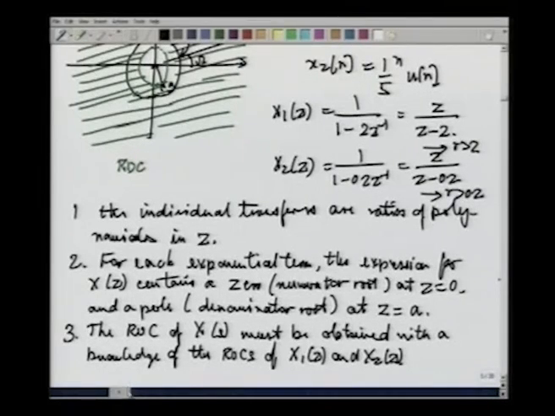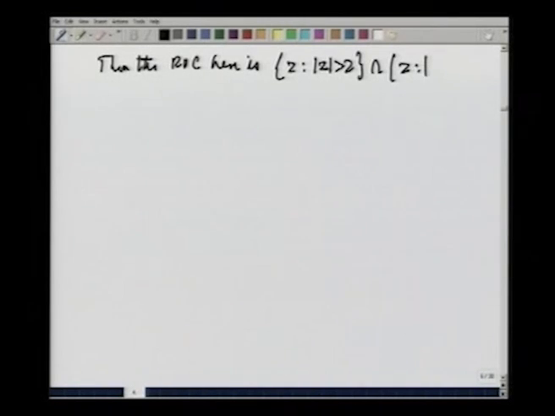Now we will see, thus, then the ROC here is the intersection of the set of all points z for which mod z is greater than 2 with the set of all points mod z greater than 1 by 5, which equals the set containing those z for which mod z is greater than 2.